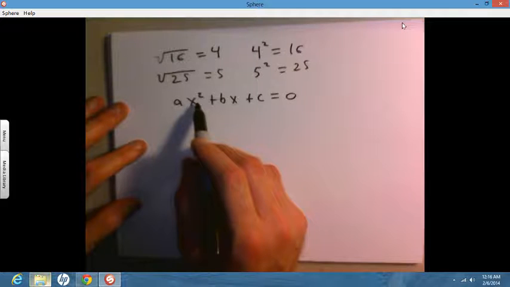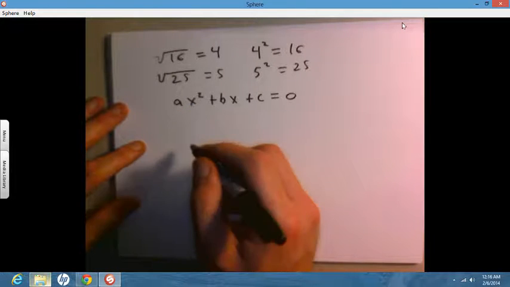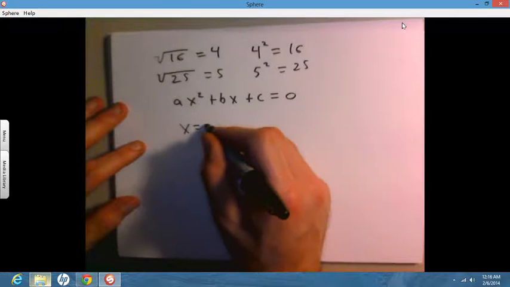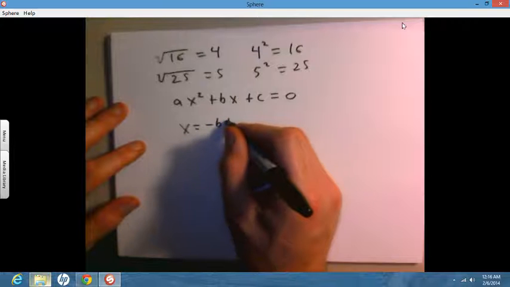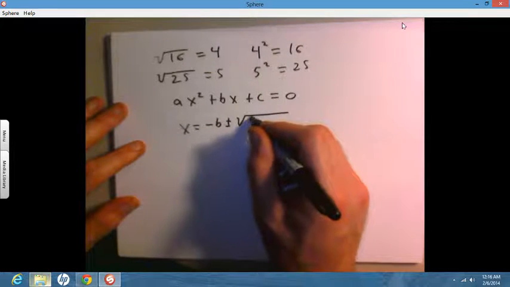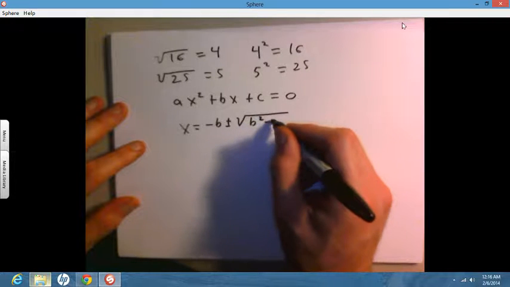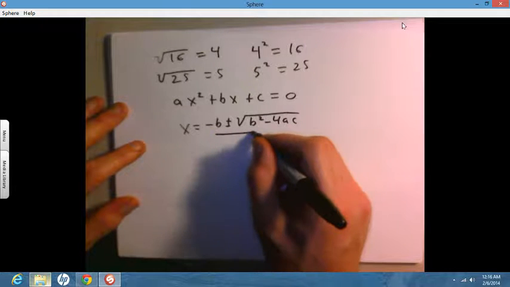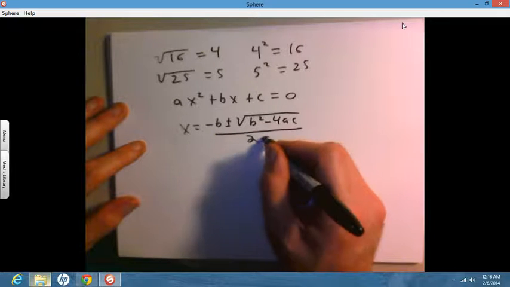Now, we don't solve for x like we would a linear equation. Instead, we have the solution that x is equal to negative b plus or minus the square root of b squared minus 4ac, all divided by 2 times a. Alright?